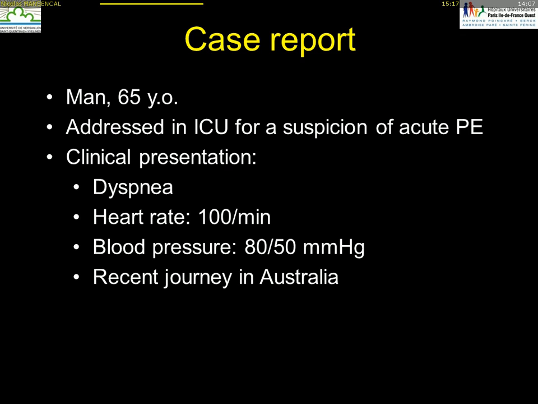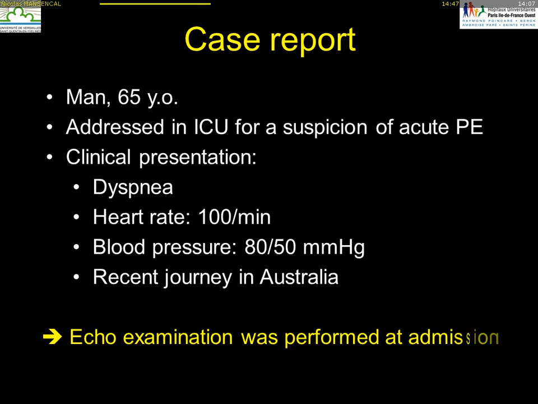Let's talk about one example, a man of 65 years old. He was addressed to our intensive care unit for a suspicion of acute PE. The clinical presentation is simple: dyspnea, high heart rate, low blood pressure, and a recent journey in Australia. Do you agree that's the suspicion of pulmonary embolism? I think so.